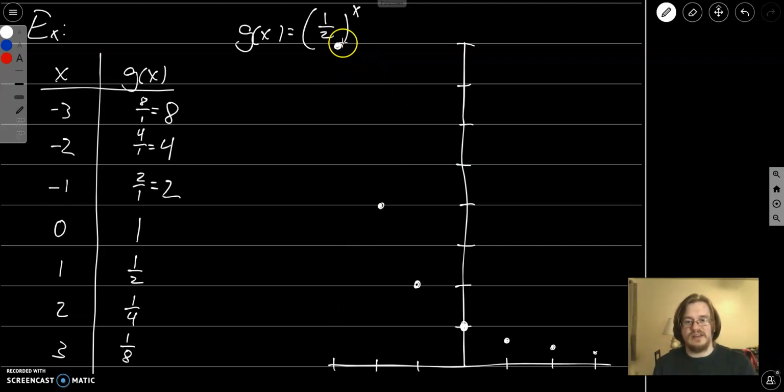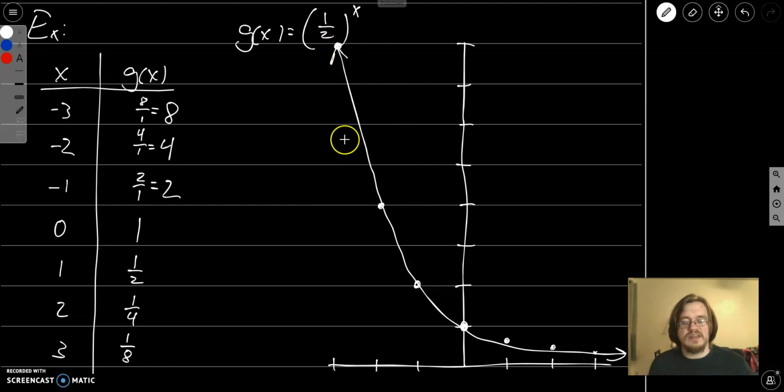So I'll have to draw into that. So we have our exponential function. And what you'll notice is that every time I move forward 1, every time we go to the next number, we're being chopped in half.